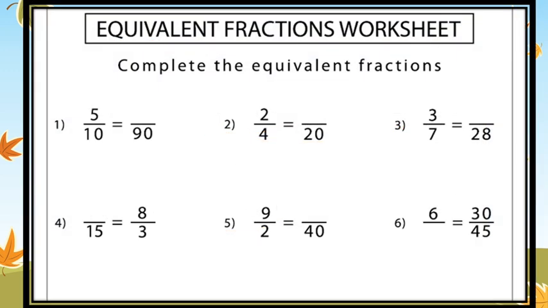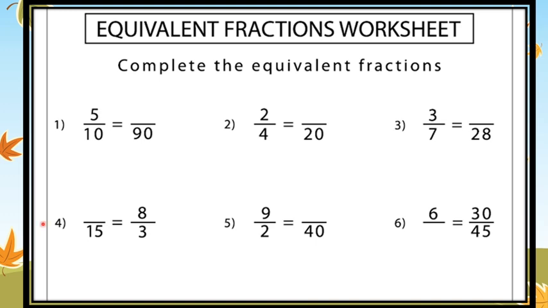Let's solve one more exercise to understand the concept of how we multiply or divide the numerator and denominator to find equivalent fractions. Here in the question, the instruction is to complete the equivalent fraction.